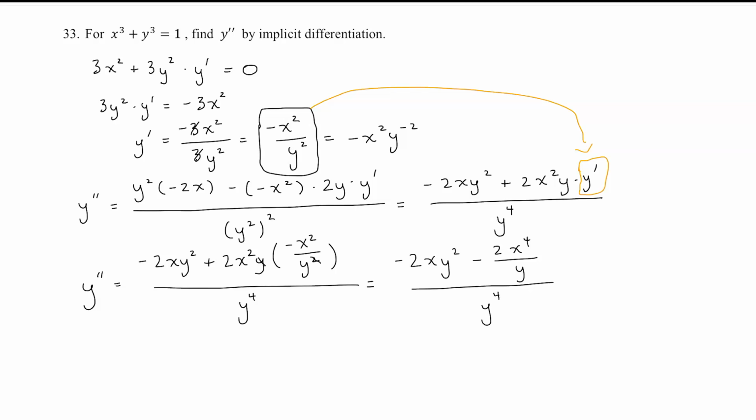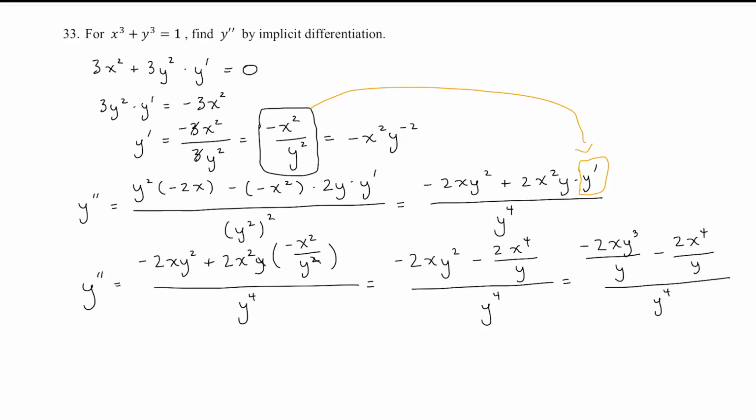Make sure that I'm not forgetting anything. All over y to the fourth, so it's okay to take a moment, step back, and give that another look. Now, what should I be doing to simplify further? Well, one thing is, maybe it would be nice if I got a common denominator of y in the numerator. So if I rewrite that first term as 2xy cubed over y, then I'll be able to combine my two numerator terms.